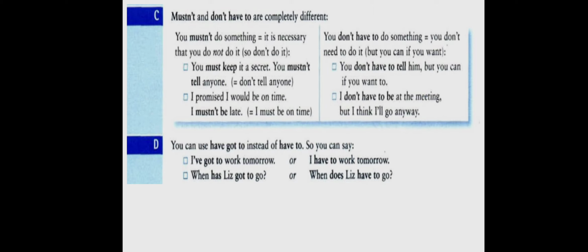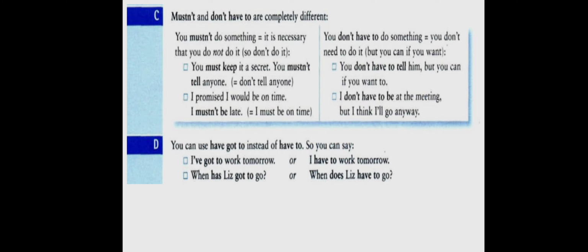With don't have to, the person has the choice to do something or not. But in the case of must, in the negative, mustn't means there is obligation but not to do. You mustn't do something. It is necessary that you don't do it.